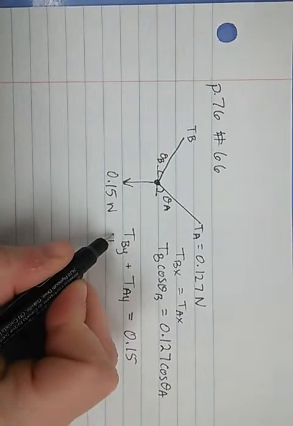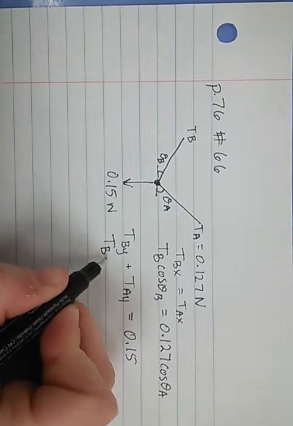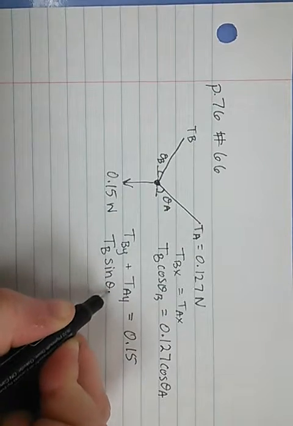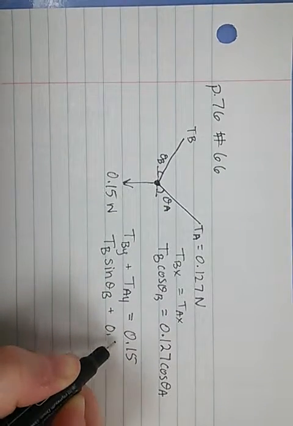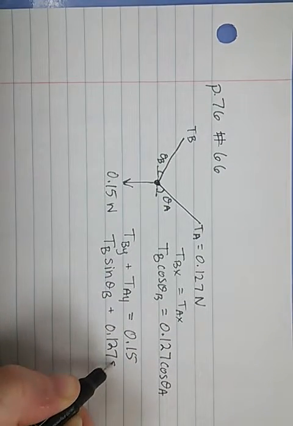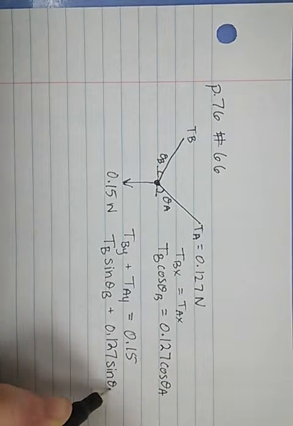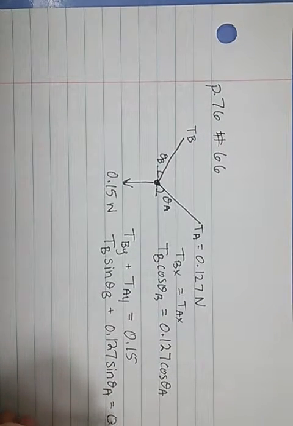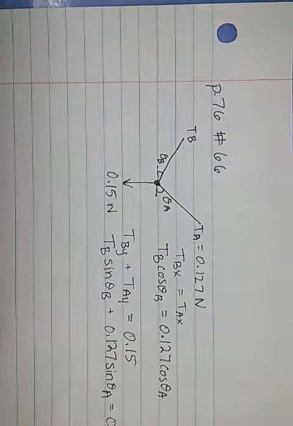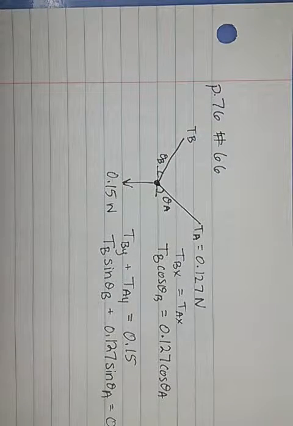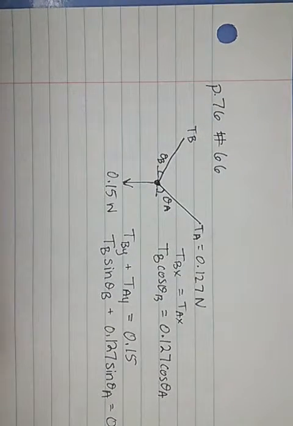And again, we can translate that to TB sine of angle B plus 0.127 sine of angle A equals 0.15.